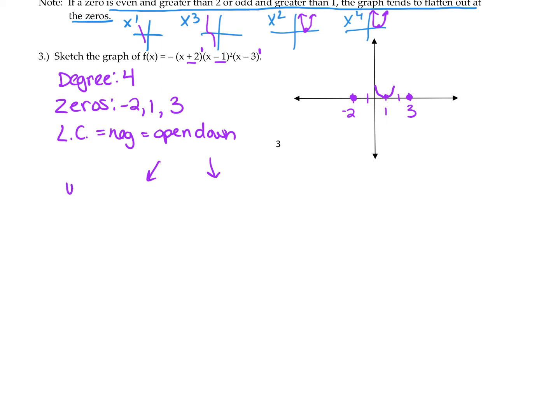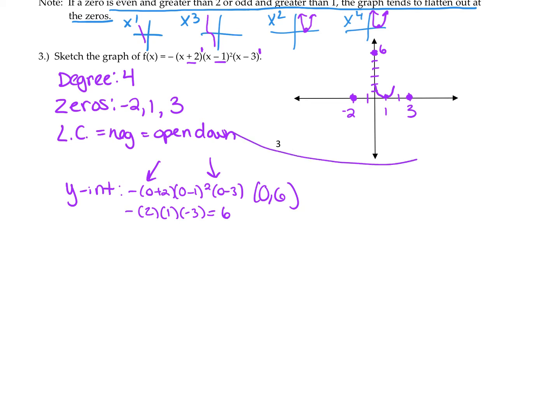The y-intercept I can figure out, because if I plug in 0, I would have -2, and this would be -1 squared, so 1 times -3 would give me +6, so my y-intercept would be at +6. So I should make sure it goes through that point.